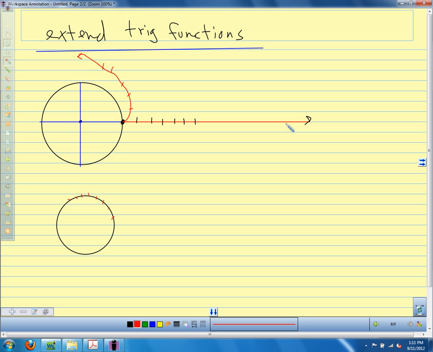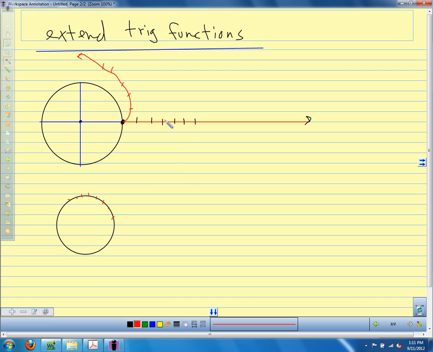And when I wrap this point on the unit circle, the sine of that point on my number line is the y-coordinate, and the cosine of that point is the x-coordinate, just like we did for our special right triangles.